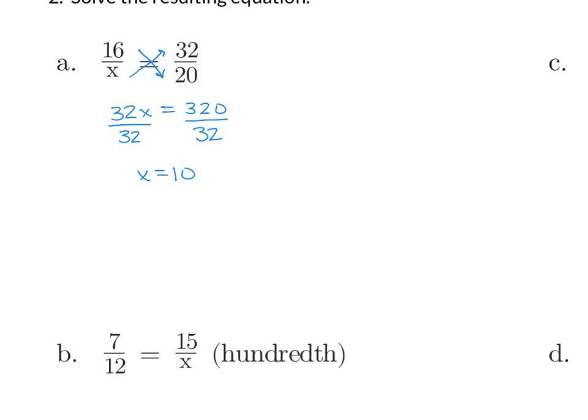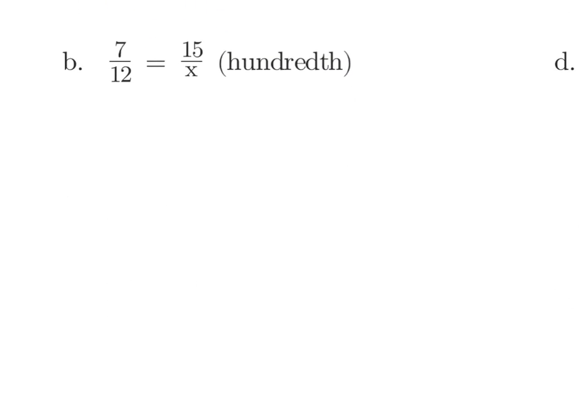All right, let's go ahead and look at a couple more. If we look at example B, we have 7 over 12 equals 15 over x.